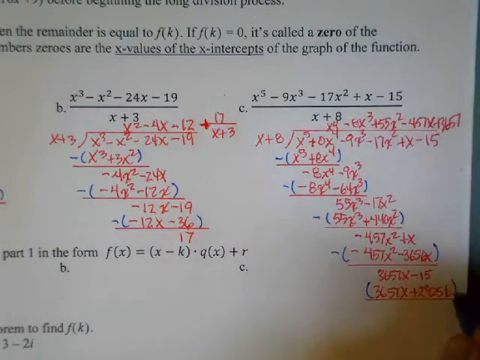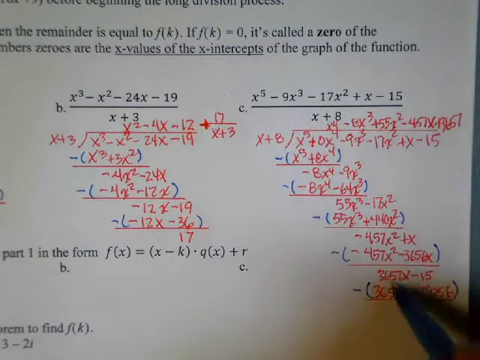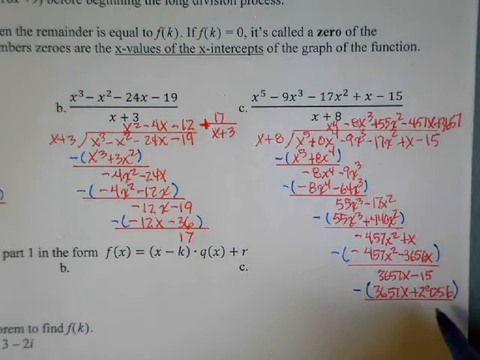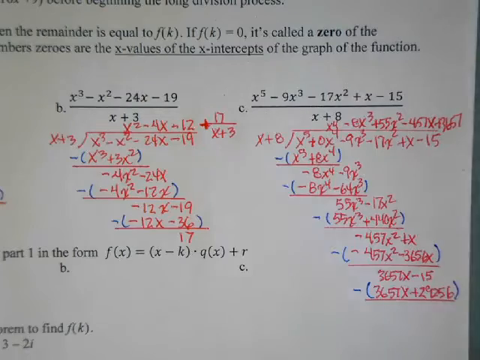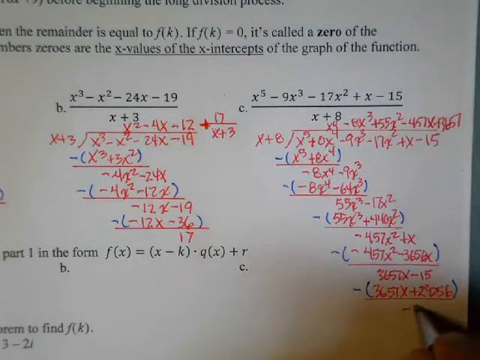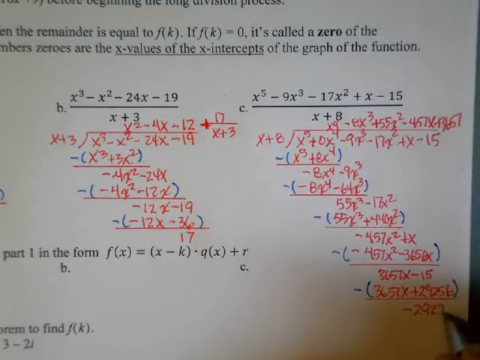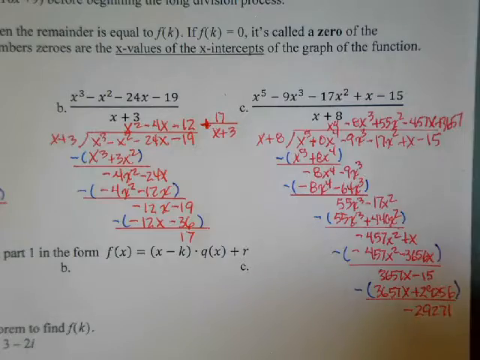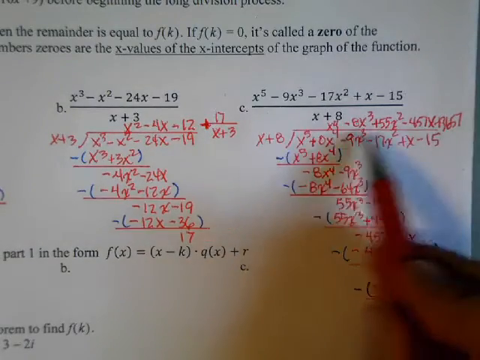That part will be gone, and I'll have negative 15, subtract another 29,000. So this last part will be negative 29,271. And so it'll be all of this, and then it'll still have this remainder.